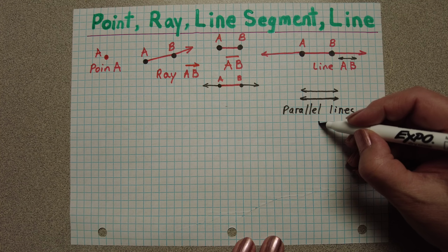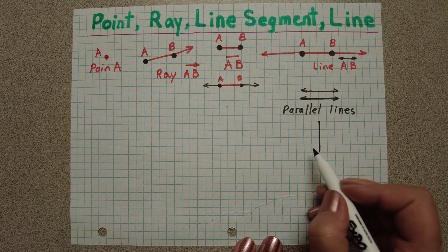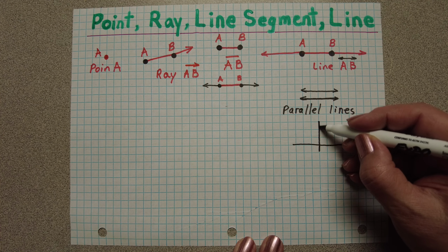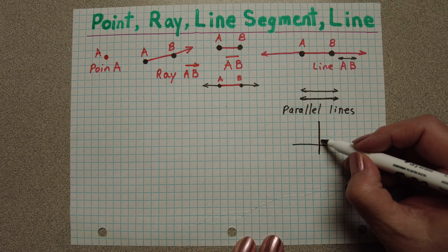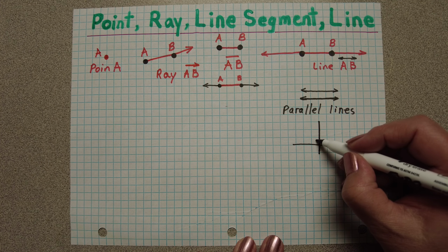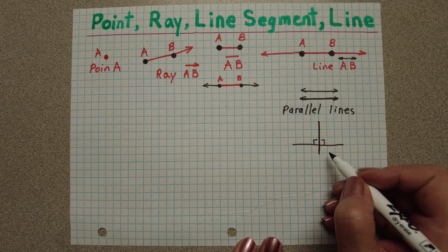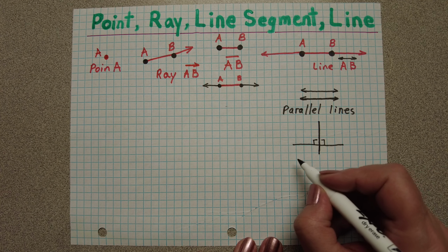If one line goes vertically and the other goes this way, and they meet each other and make exactly 90 degrees, we call this kind of lines perpendicular lines.